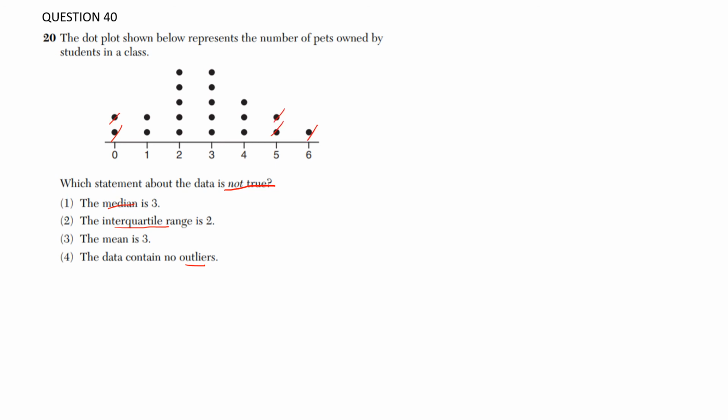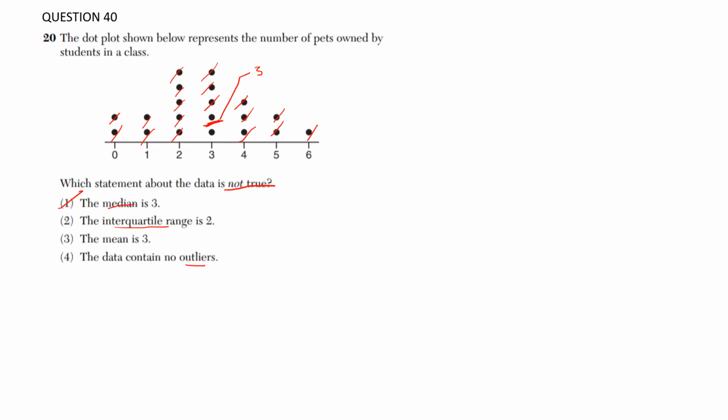Just keep crossing out values. So then we know that the median is right here, which gives us a value of 3, which is correct. So we can cross that out.